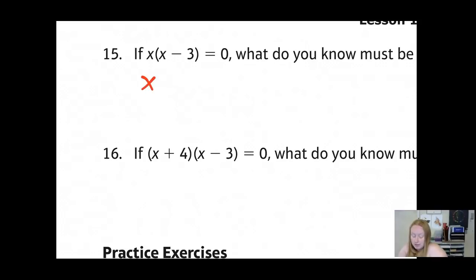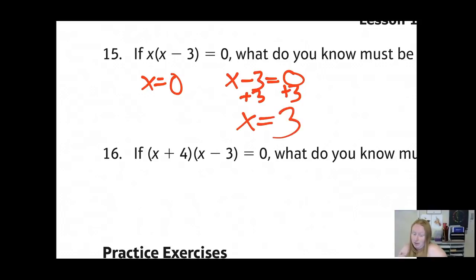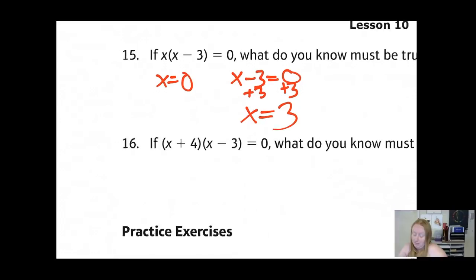So we're just going to say that x has to equal 0 and that x minus 3 has to equal 0. We're going to write both of those things down, and either one of those things has to happen. So either x has to equal 0 or x has to equal 3.